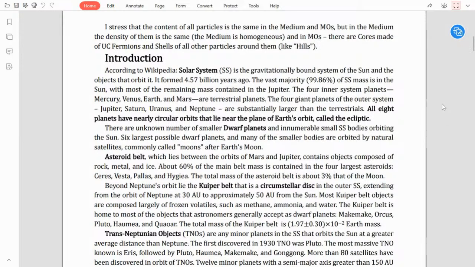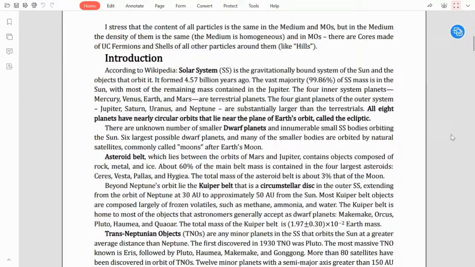The four inner system planets, Mercury, Venus, Earth, and Mars, are terrestrial planets. The four giant planets of the outer system, Jupiter, Saturn, Uranus, and Neptune, are substantially larger than the terrestrials. All eight planets have nearly circular orbits that lie near the plane of Earth's orbit, called the ecliptic.